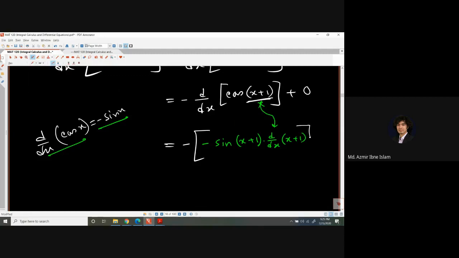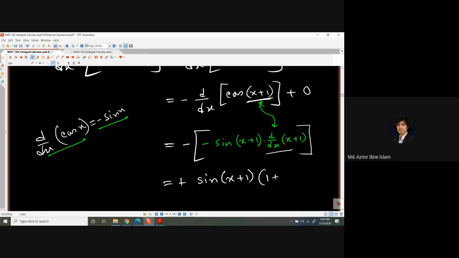So if you need to find the antiderivative, at that time the concepts of differential calculus are also helpful. Here you can see negative, here you can see negative, so negative times negative gives positive. Now positive sine of x plus 1. Now differentiation of x is 1 and differentiation of 1 is 0.